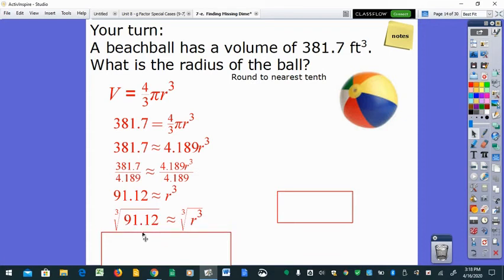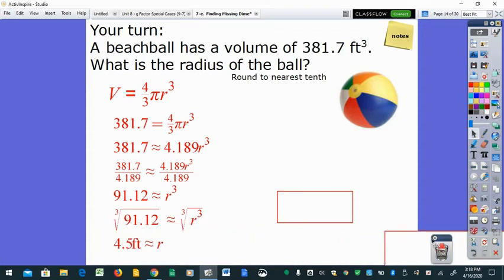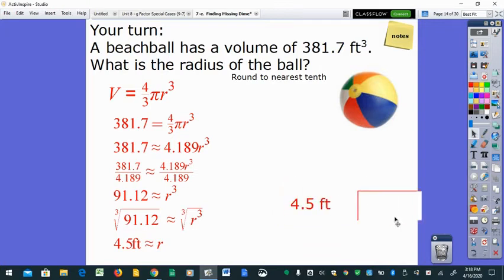And when you take the cube root of 91.12, it's about 4.5. So the radius, and they did want the radius, of the beach ball is about 4.5 feet. I'm just holding for a second. If you want to pause, take a look at that, check it in your calculator. That is how we find the missing radius of a sphere.